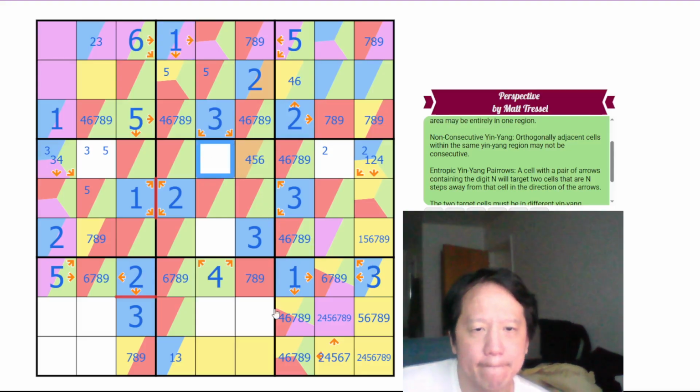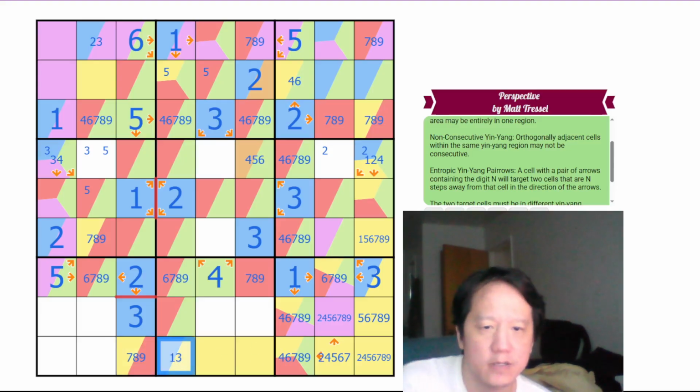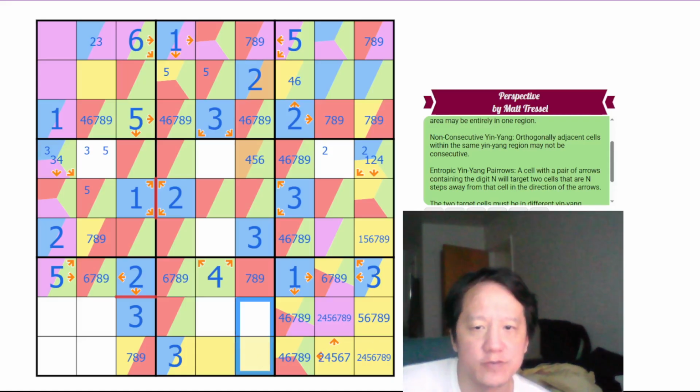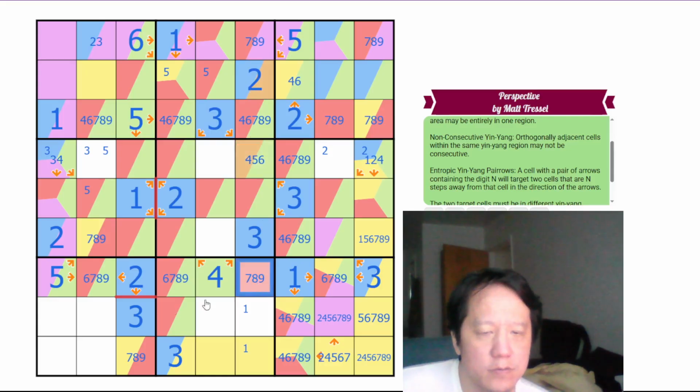1 in... That makes this 3. So we have 3 here. 1 has to be one of these 2 digits here. These are the same region, which is different from this region here.